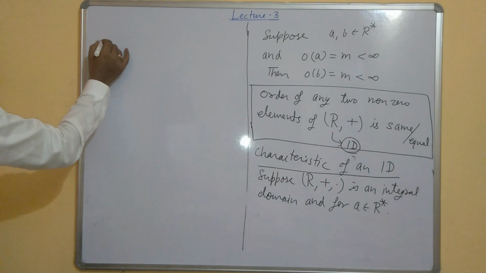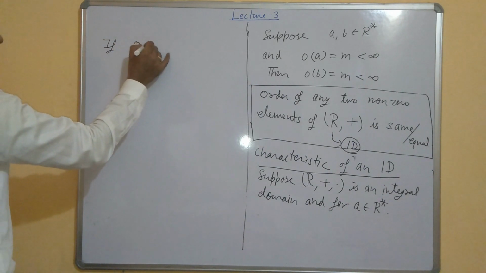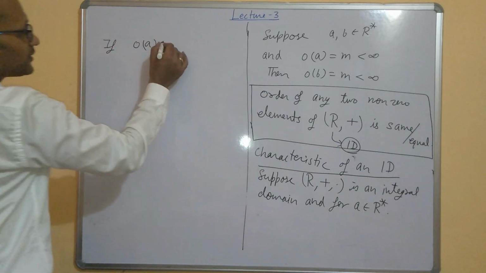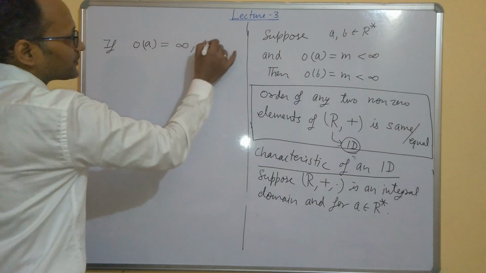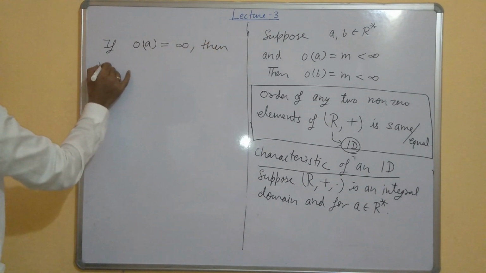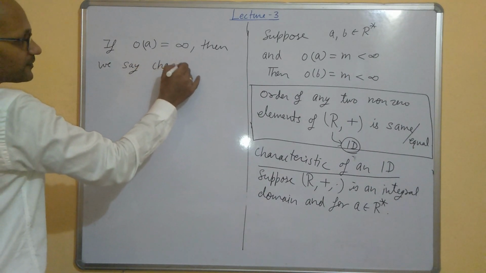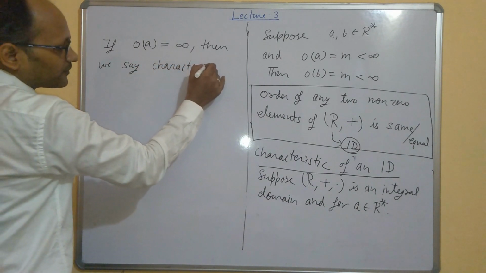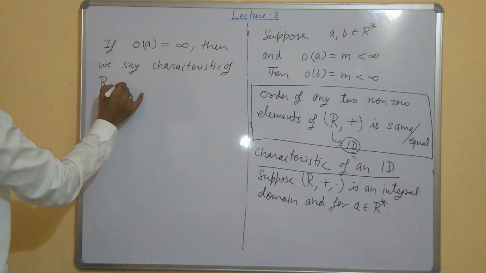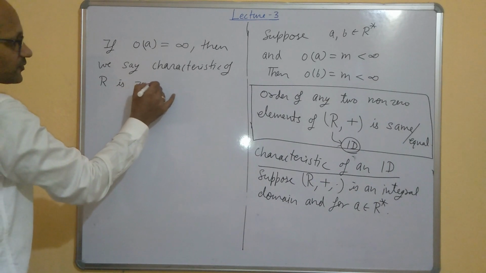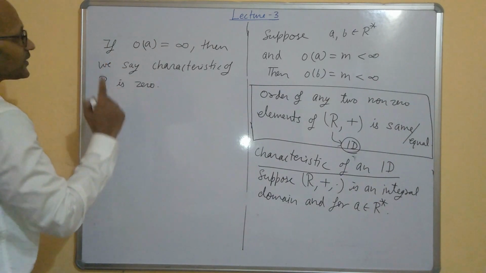So if the additive order of a is infinite, then we say the characteristic of R is 0. So in place of infinity we will say 0 characteristic.